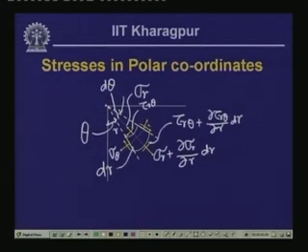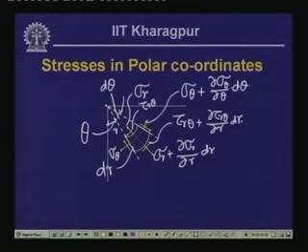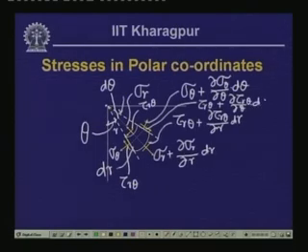So, on this particular surface, the normal circumferential stress is equal to sigma theta plus del sigma theta del theta over d theta, and the shearing stress which is acting on this surface is tau r theta, and this is equal to tau r theta plus del tau r theta del theta over d theta.